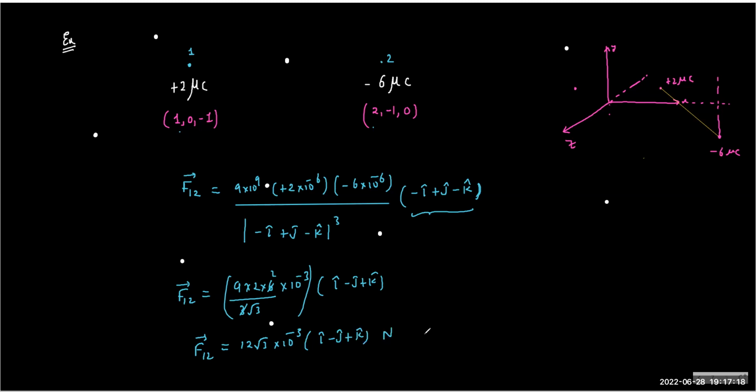Done. And you can see what is the force component in the x direction, what is Fx value? That's it. What is Fy value? Minus. And Fz is again plus.